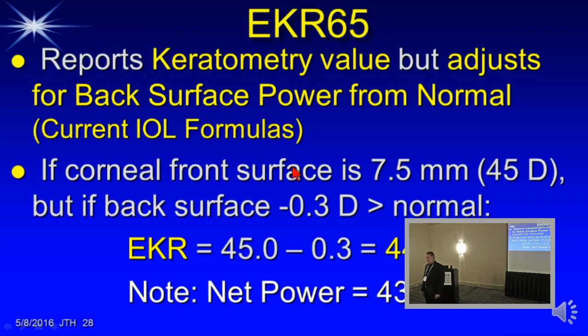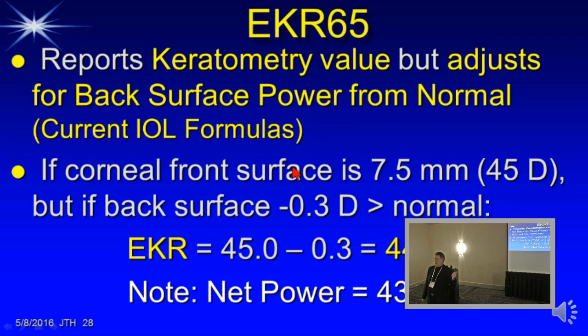So what happens is the Baylor nomogram says if you have with the rule astigmatism, back off by 1 step size or a half a diopter. If you have against the rule astigmatism, increase by 1 step size or a half a diopter. What that's doing is adding a half a diopter of against the rule. The EKR65 measures the back surface astigmatism, but that's only half of it.